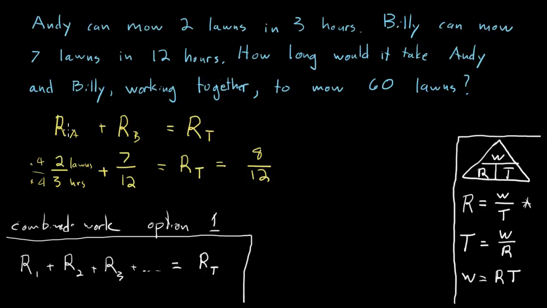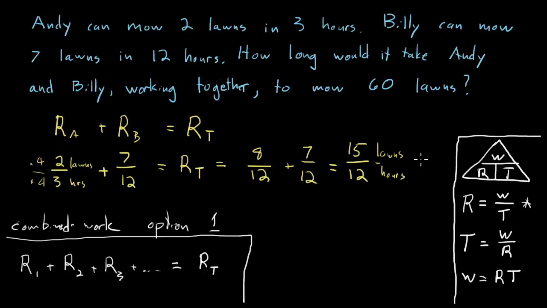That was just converting Andy's rate. And Billy's is still 7 over 12. And that leads us to 8 plus 7 is 15 lawns per 12 hours, or 15 twelfths of a lawn per hour.